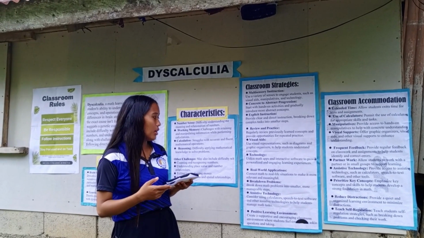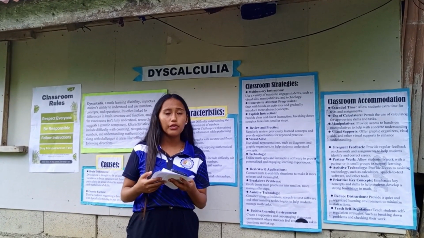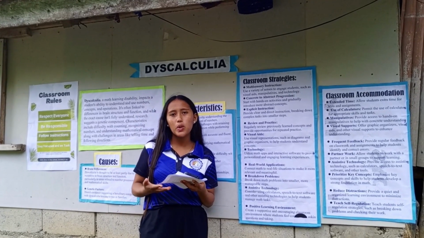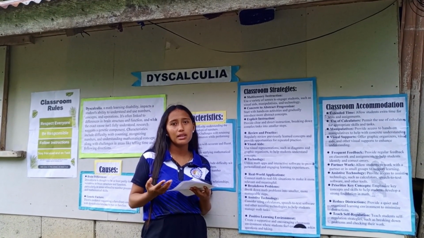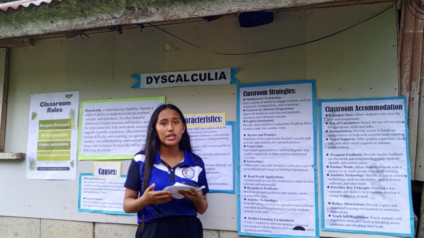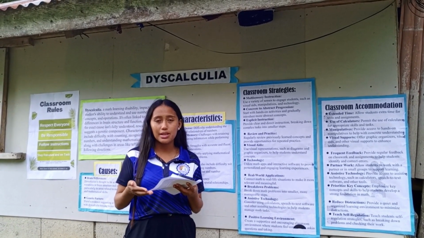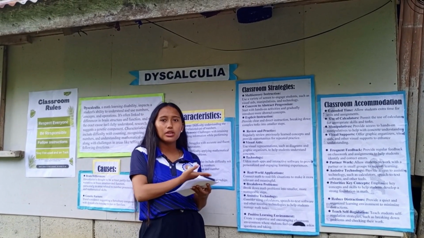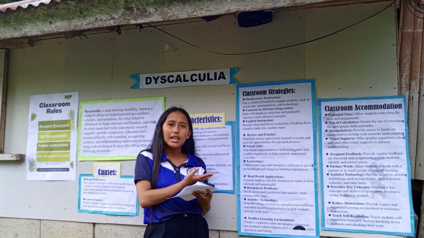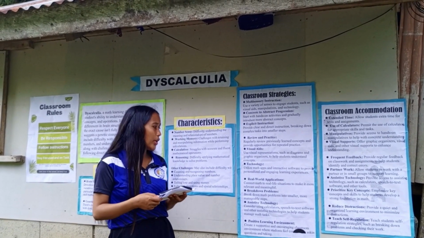Then next is technology. So utilize math interactive software. You need to use technology in order for the students that have dyscalculia to be interested in the activity, and of course with the use of technology, they can learn simultaneously. Then next is real world application.